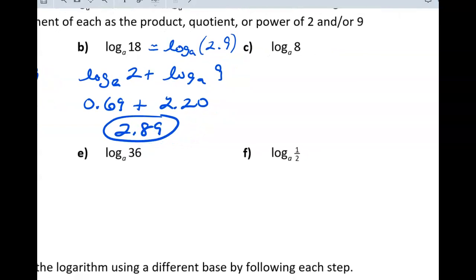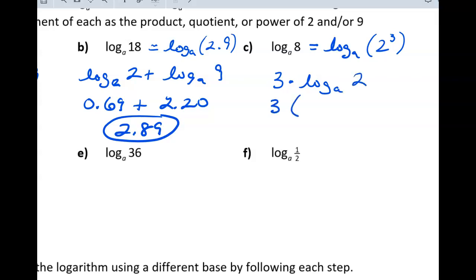For C, the log base a of 8 can be re-expressed as the log base a of 2 raised to the 3rd power. Now we can use the power property and bring that 3 down as a coefficient. So it'll be 3 times the log base a of 2, or 3 times 0.69, which is 2.07.